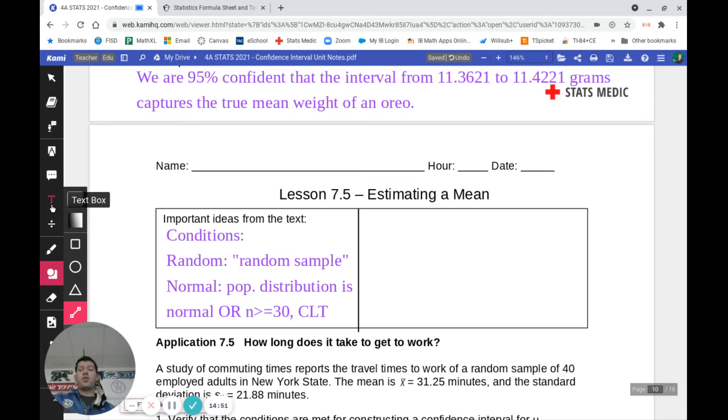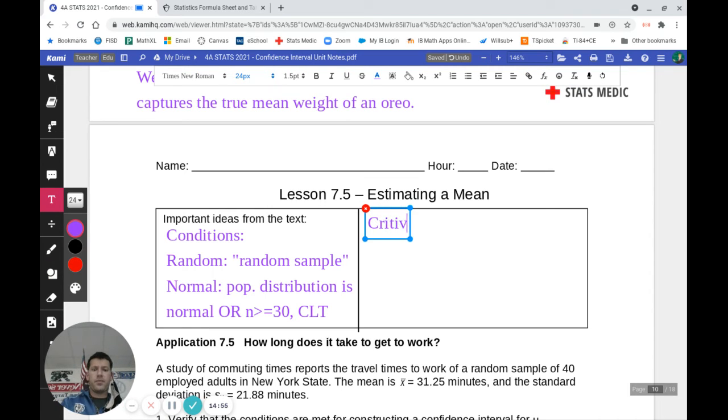Next, in order to get this critical t value, remember we need this critical t. A little different than our critical z value. T critical is for means. Critical z value is for proportions.